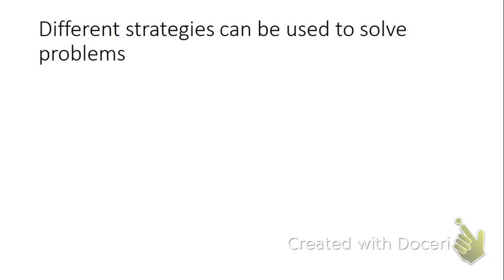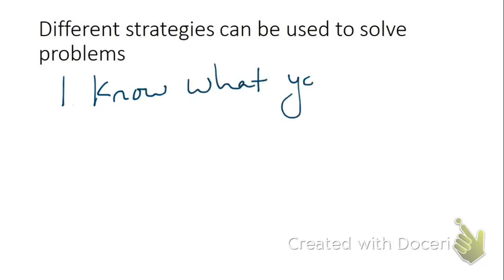So one of the things that we've been working through as we started these simple problems is that different strategies can be used. And one of the things that we'll constantly work through as we go through these problems is how do we solve the problems? And so the first thing I said is always know what you start with.